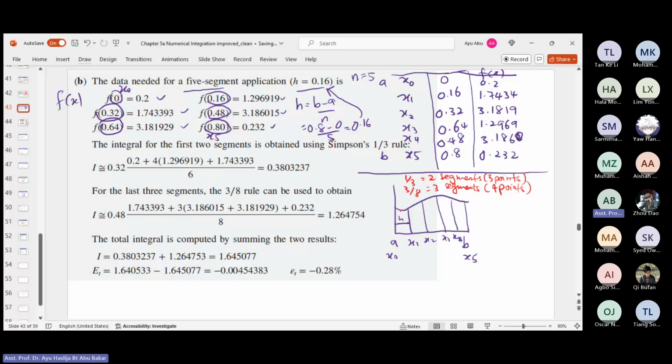So for 1/3, you can choose to use 2 segments. So for this part, you apply the 1/3 rule. Then for the other part, you use the 3/8 rule, 3 segments.